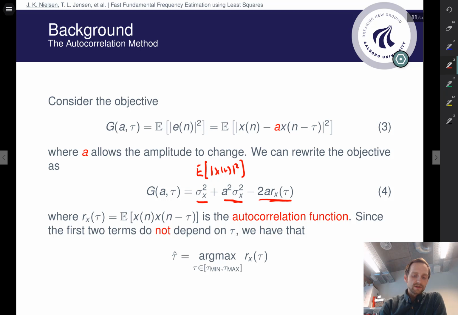And this is really the autocorrelation method for estimating the fundamental frequency. We try out all kinds of taus within some range that we're interested in, and then find the tau that maximizes the autocorrelation function.